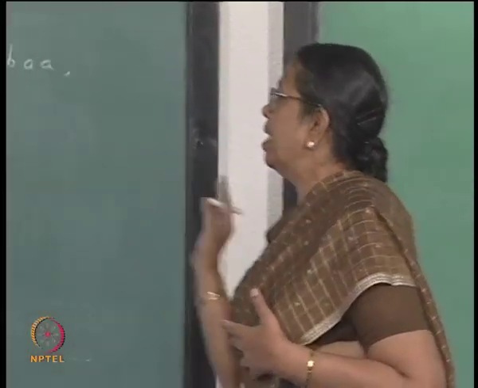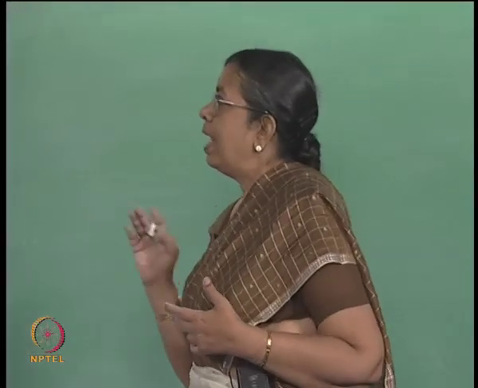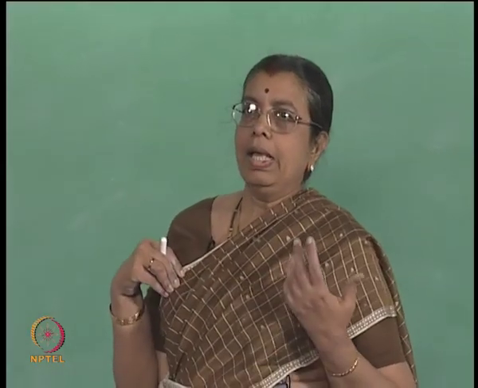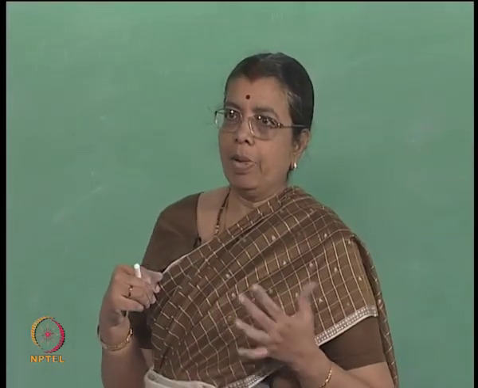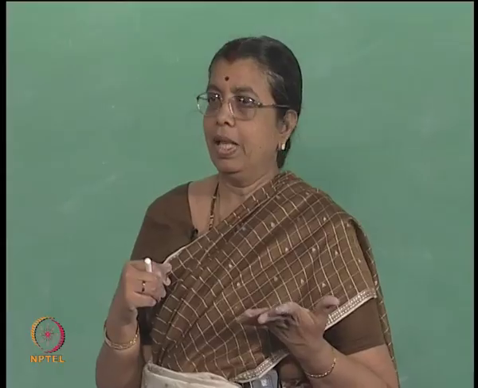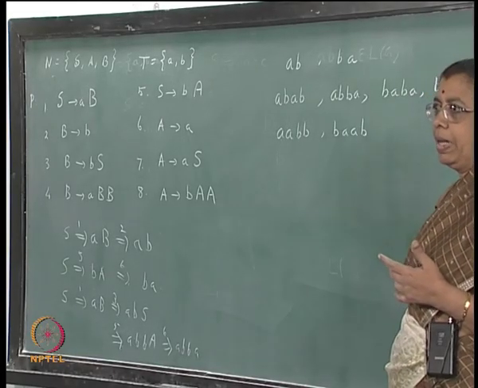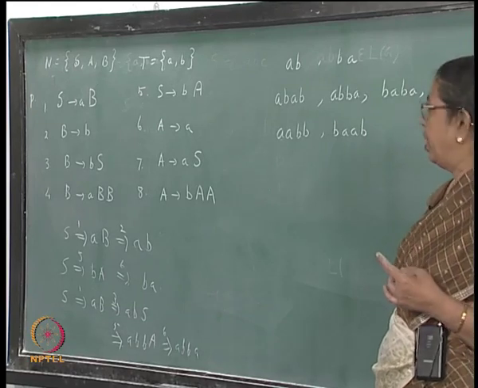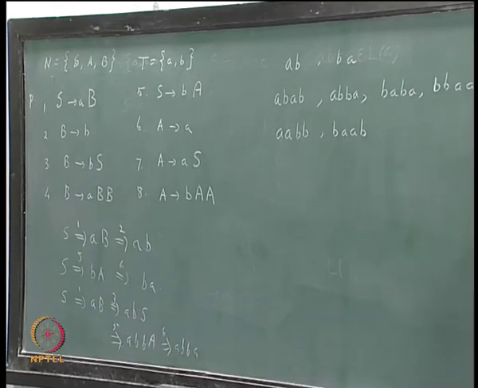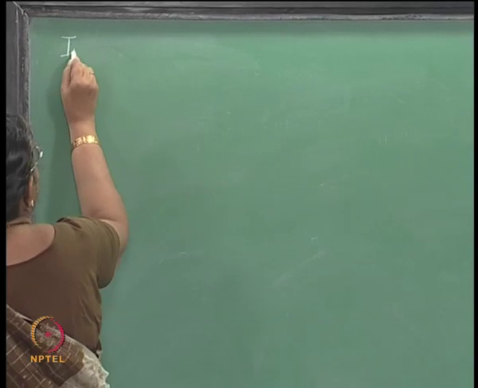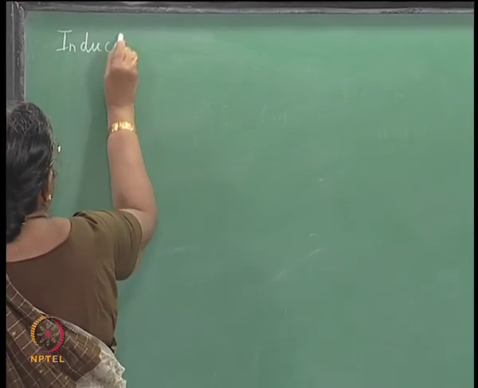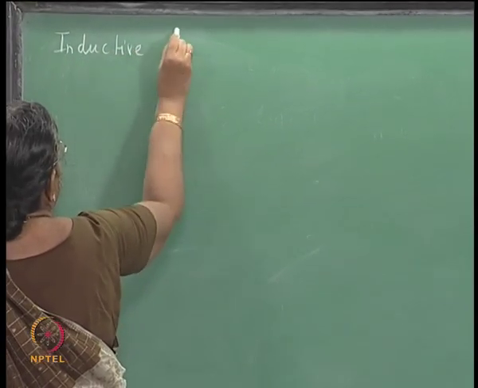So, for example, here we know that the language generated has any string which has got equal number of A's and B's. That is not very obvious from the grammar, is not it? So, you have to prove that. How do you prove? We will prove by induction. So, the inductive hypothesis is this.